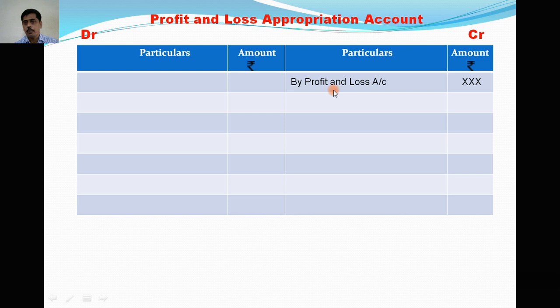By profit and loss account, net profit brought down. You may write that also. Next, on the debit side, we write all appropriations out of profit.